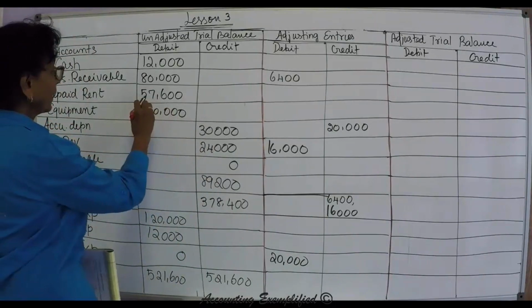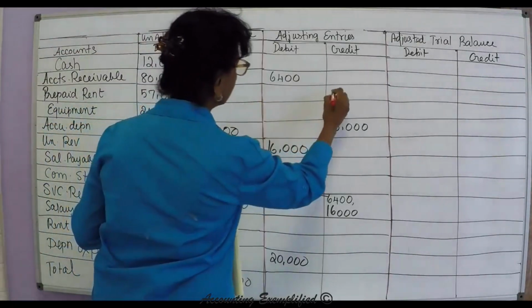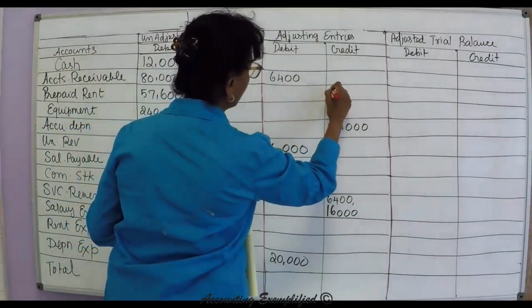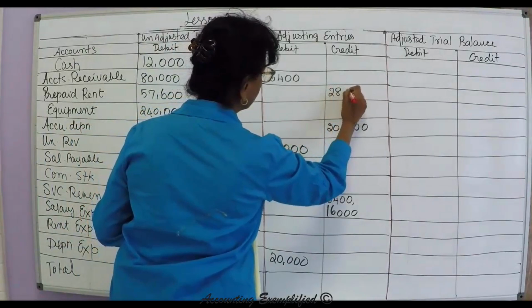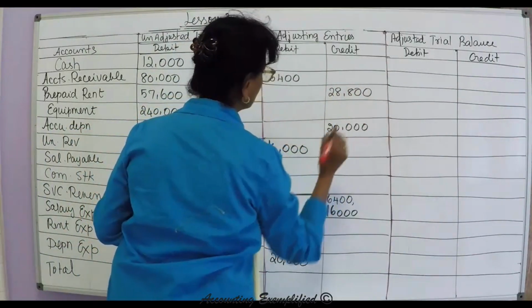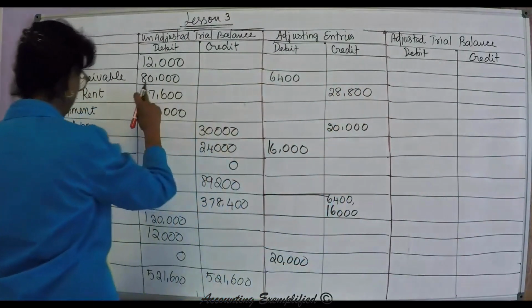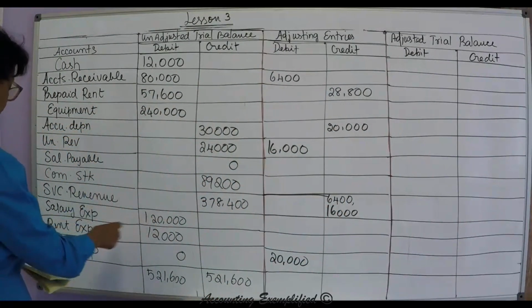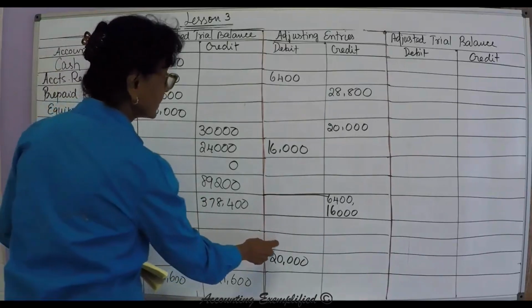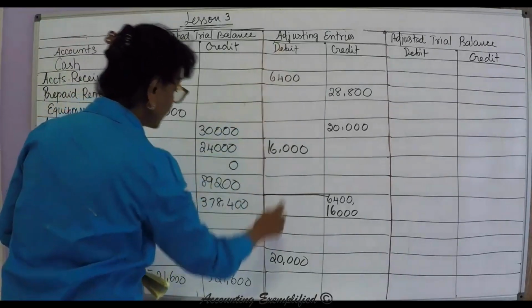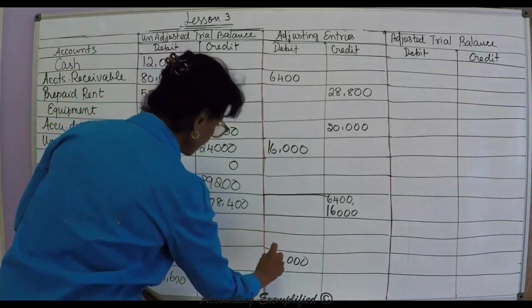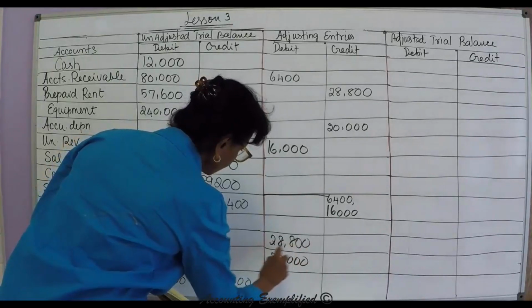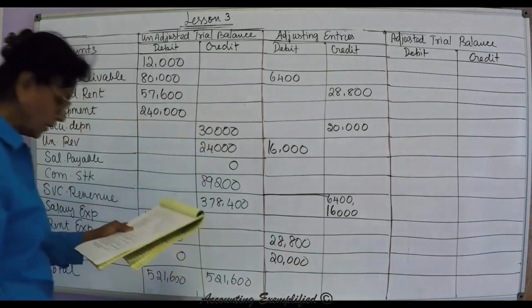So you go to the credit side and 1/2 of 57,600 would be 28,800. You will credit 28,800 to the prepaid rent, and then you will debit the rent expense. This is the rent expense, therefore you go to the debit side of the adjustment entry and debit it for 28,800.